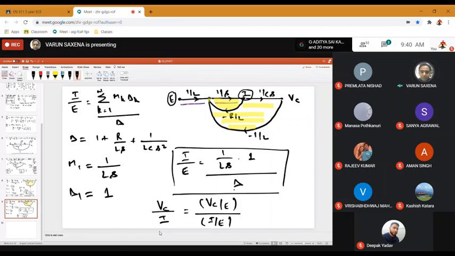So you can evaluate this quantity also, or for that matter, you can evaluate I. So this is for one problem that we had discussed. We have the state space equations, we have the signal flow graph, we have the transfer functions.